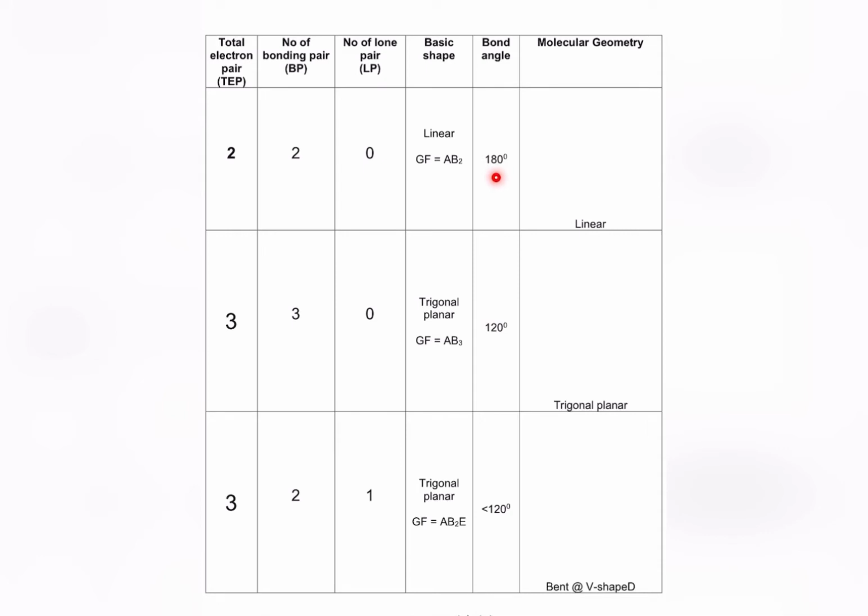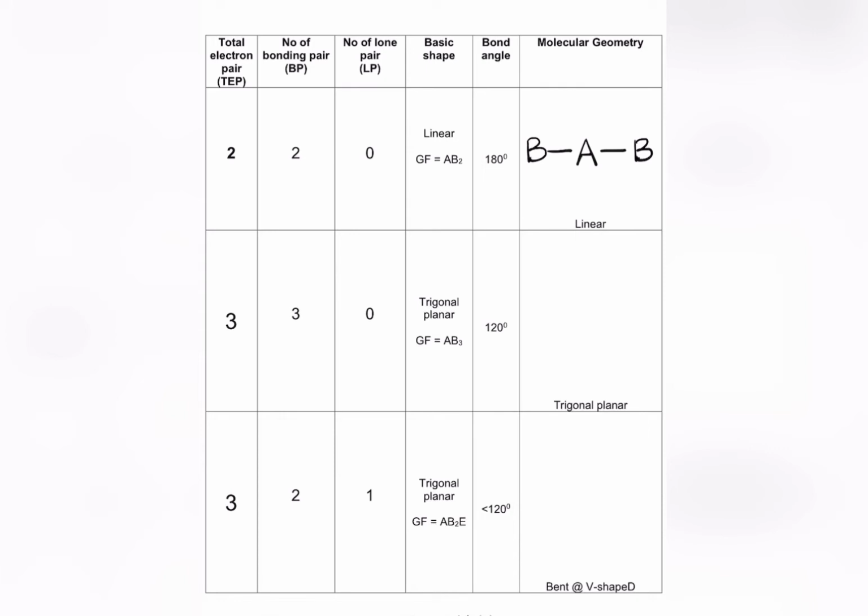So how you want to draw? Kita akan belajar cara untuk draw secara general. So I will draw for you the general structure for AB2. So we have A in the middle. And after that, I bonded with 2 bonding pairs, which is my terminal atom adalah B. And this is my shape, linear.